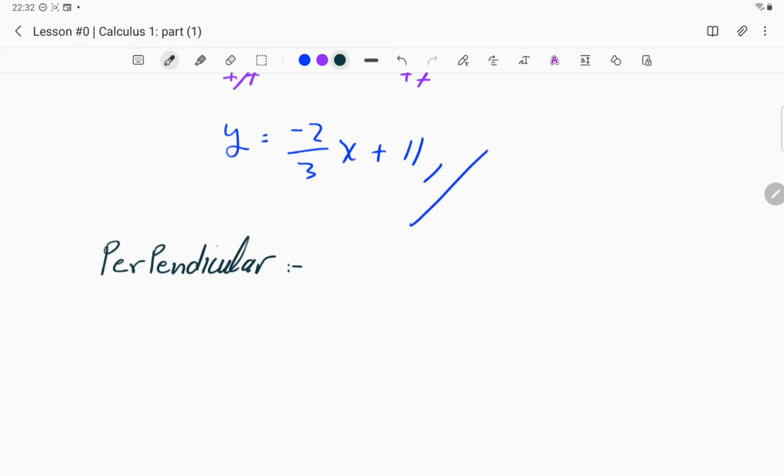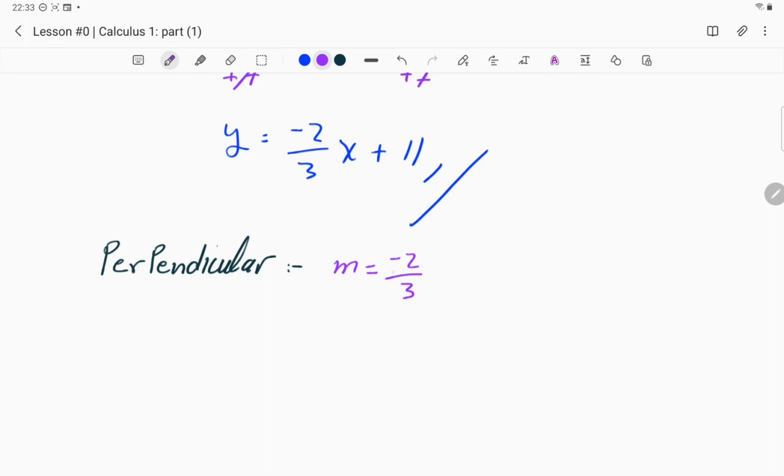It's insanely easy to convert from the slope intercept to perpendicular. What we know is that we have the slope, m equals negative 2 over 3. When you have the slope and you want to convert it to perpendicular, there are two steps.